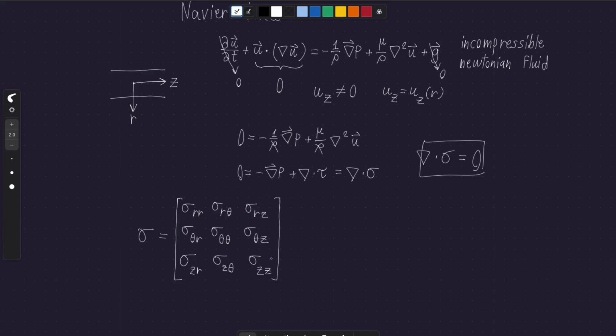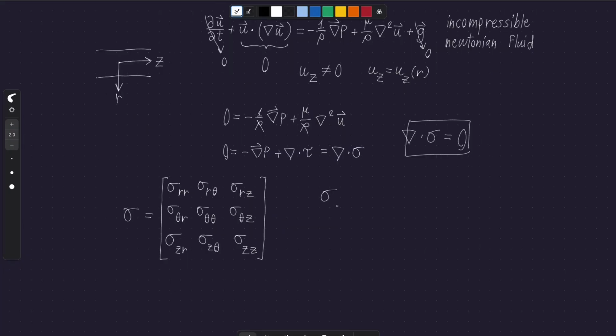The only pressure gradient, we're going to say that it's in z, in the axial direction, right? This is going to be minus p, because of the minus sign here. The other term, which is not 0, is sigma zr, which is the shear.